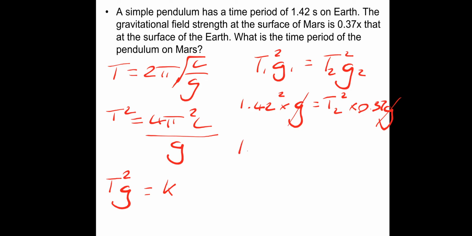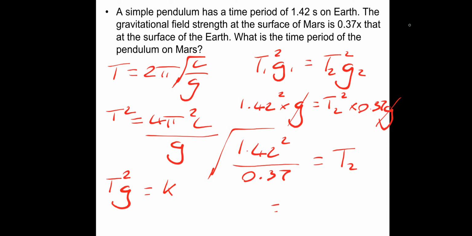So if I do 1.42 squared and divide by 0.37, that gives me T2 squared, and then square root to give the time period. If you calculate that, that should give 2.3 seconds. Hopefully that went okay. You might have done that in a different way, but hopefully you got the same answer. Let's have a look at the next one.